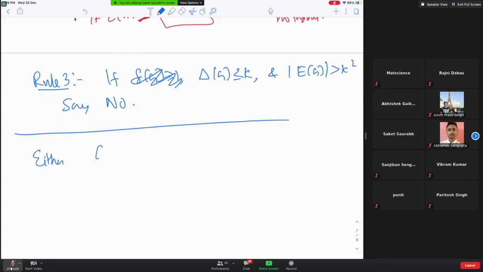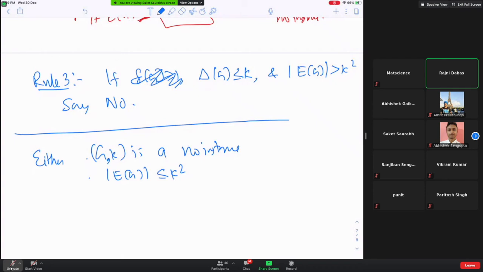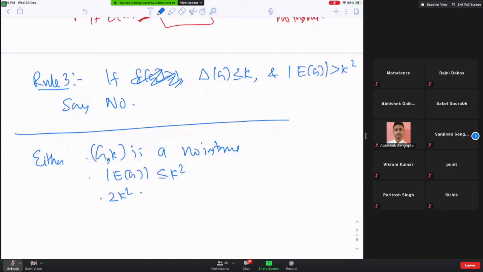Either I'm saying that (G, k) is a no instance, or, okay, (G, k) is a no instance, or, if the number of edges is at most k square, how many vertices does this graph have? 2k square. Exactly. So this is the algorithm I was talking about.